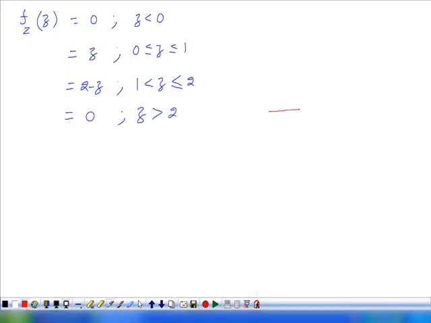Now we plot it and see. This is Z. This is Fz of Z. Is it right? So let 0, 1. In this interval it is 0, and in this interval also it is 0.